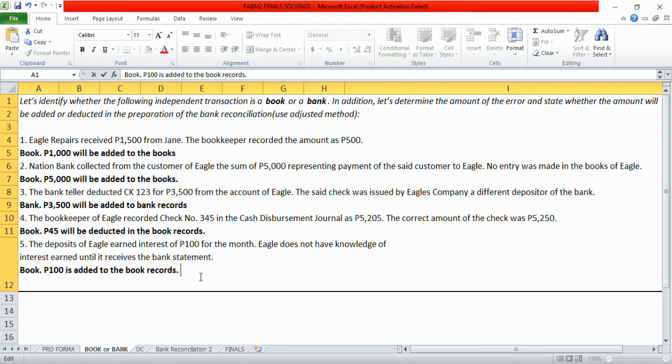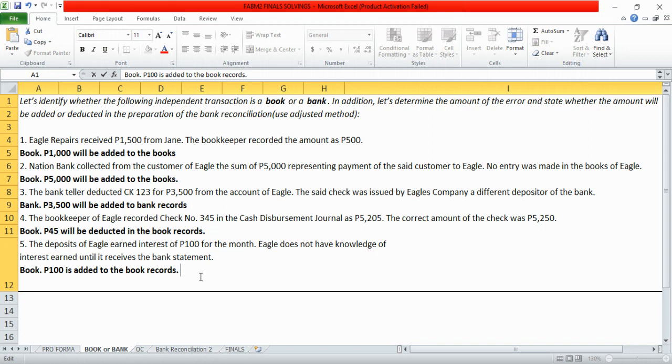Next, we have here number 4. The bookkeeper of Eagle recorded check number 345 in the cash disbursement journal as 5,205, but the correct amount of the check was 5,250.